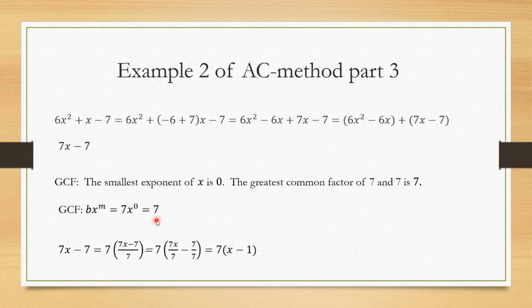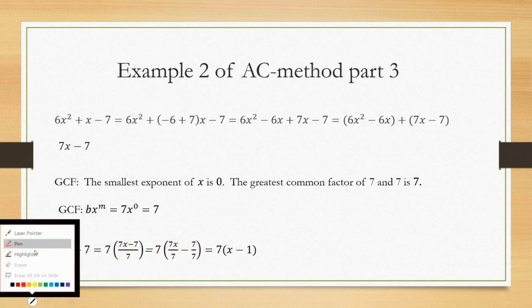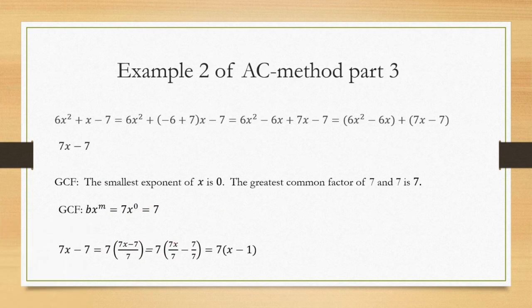So altogether, 7x minus 7 is 7 times this here, which of course you divide into each term. And when you do that, these 7s go bye-bye. You're left with x.